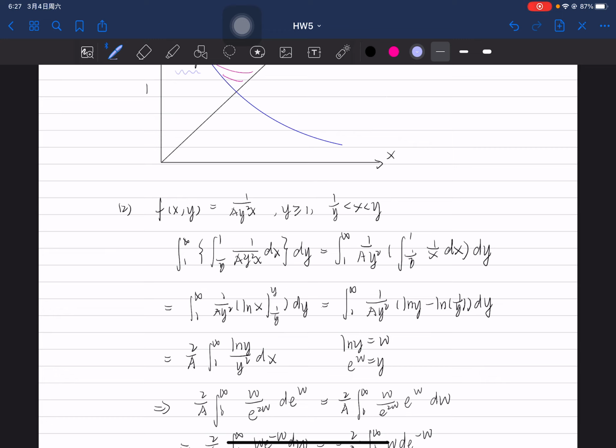First, we can calculate the integration of a times y squared times x dx from 1 over y to y.